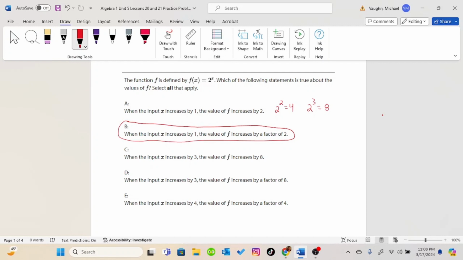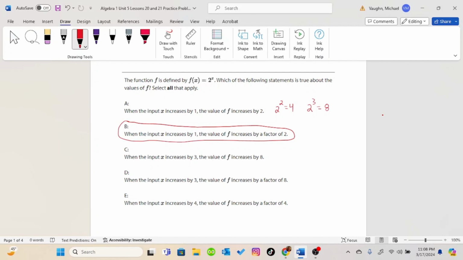C says when the input x increases by 3, the value of f increases by 8. But D says when the input x increases by 3, the value of f increases by a factor of 8.